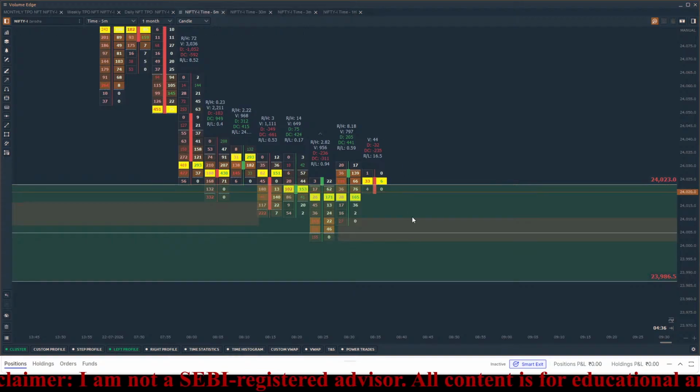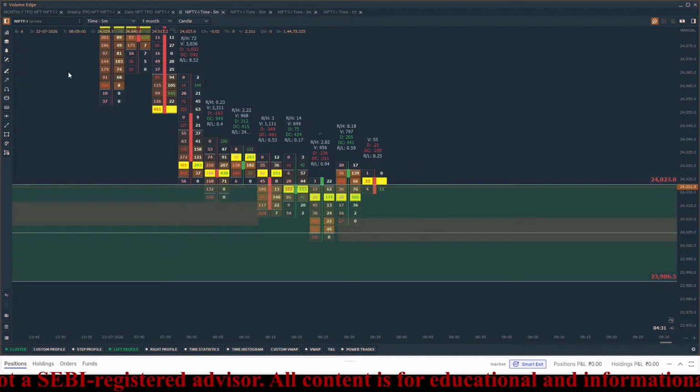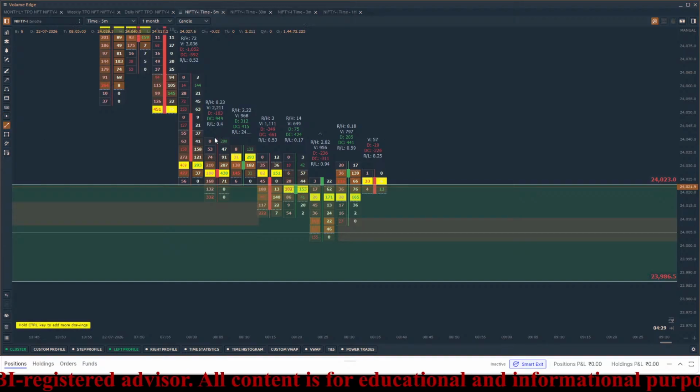So it's giving a very good pause in this location. Where is it going to break? So what does price action say?